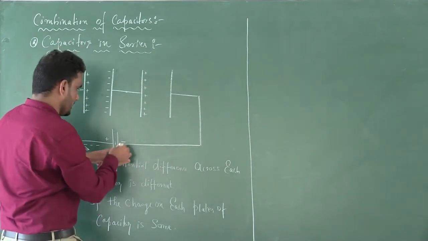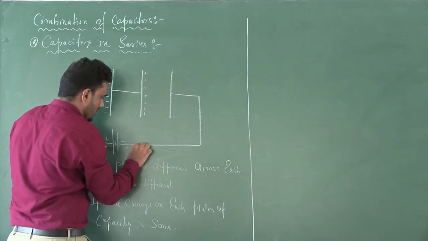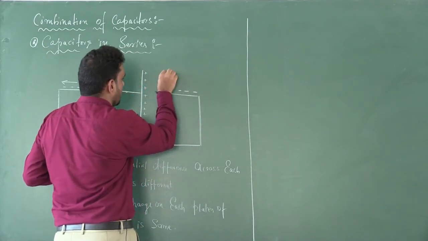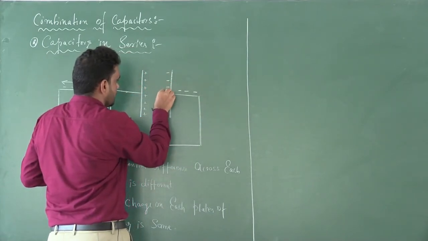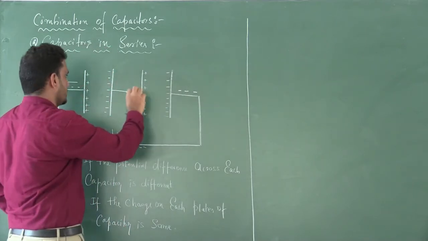So here what will happen? The electrons will come and move like this, and by gaining negative charges, it becomes negatively charged.